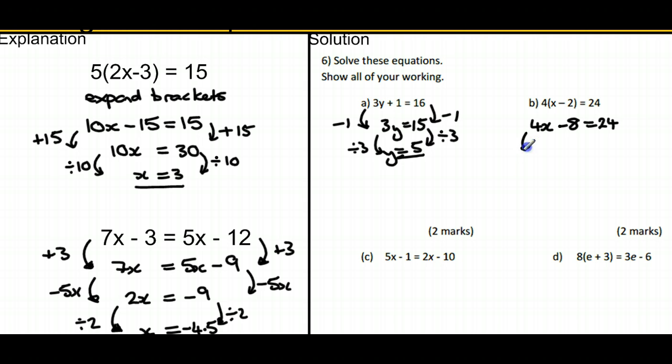I'll then need to add on 8 to both sides. I want to cancel out that minus 8. So that goes away. Remembering to add on to the right hand side. And now I just need to find out what one of those x's is by dividing by 4. So x is 8.